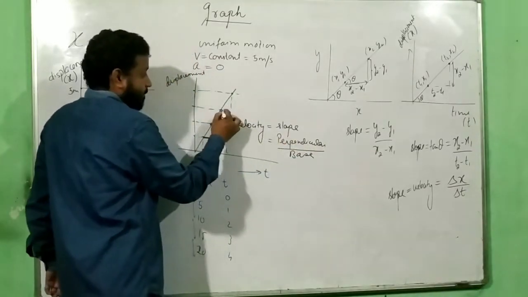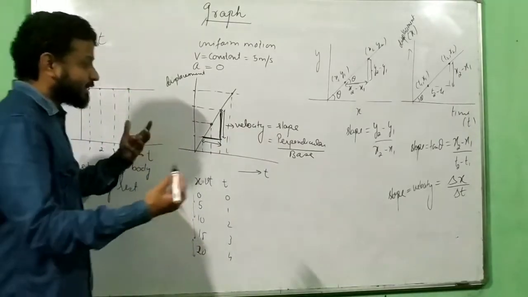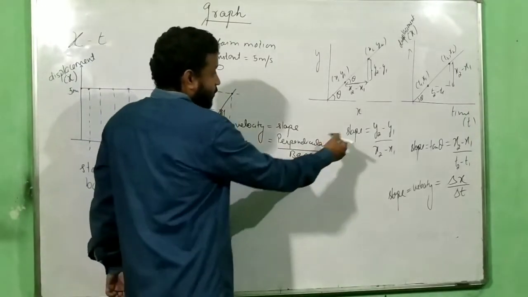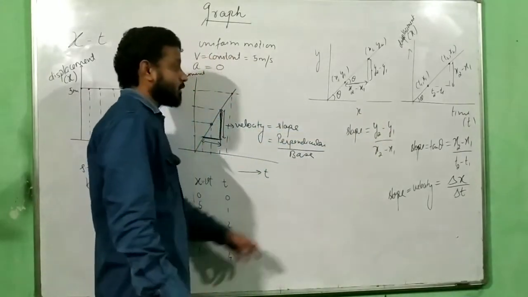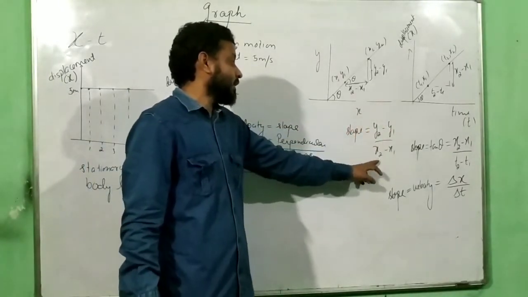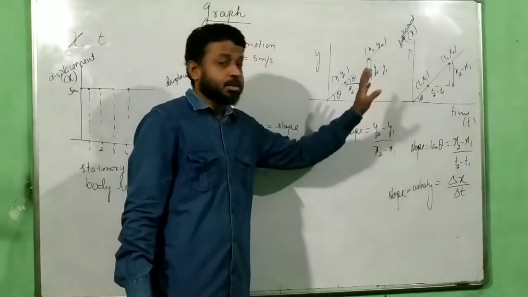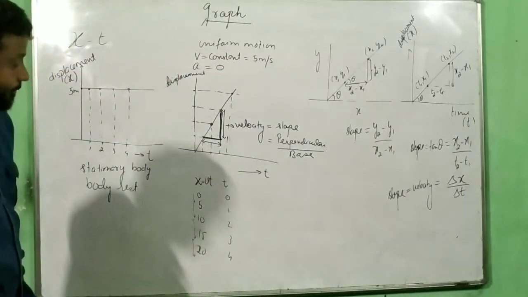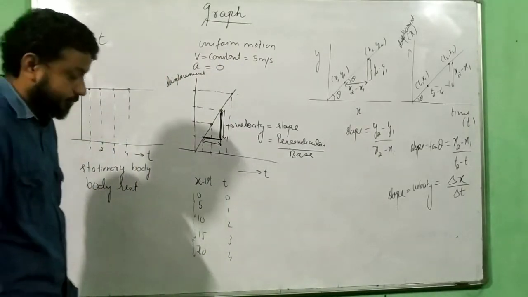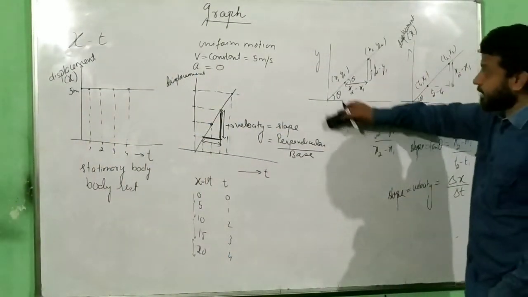This is my perpendicular and this is my base. Or stick to the formula which was taught to you, that means change in y divided by change in x, that is y2 minus y1 divided by x2 minus x1. So that is the uniform velocity.